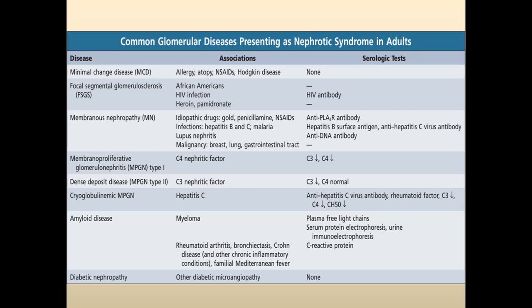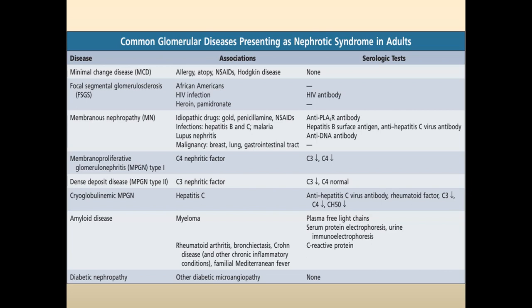The serological tests again depend on the cause. In primary membranous nephropathy, anti-PLA2R antibodies should be positive. For infections, we take the history, which is important and indicates what the secondary cause could be.